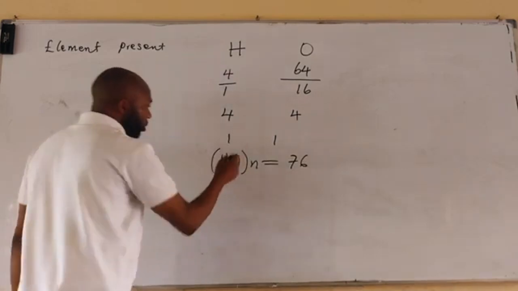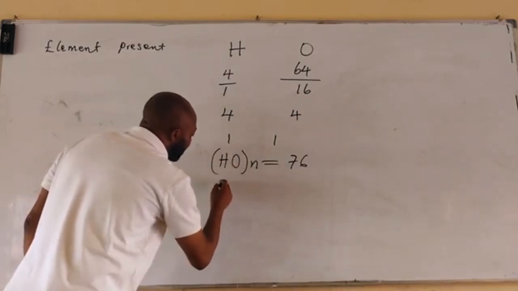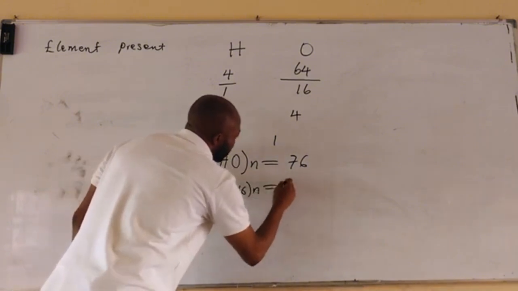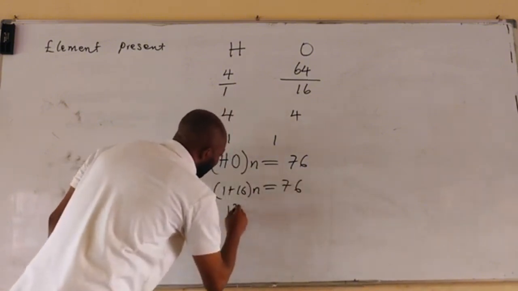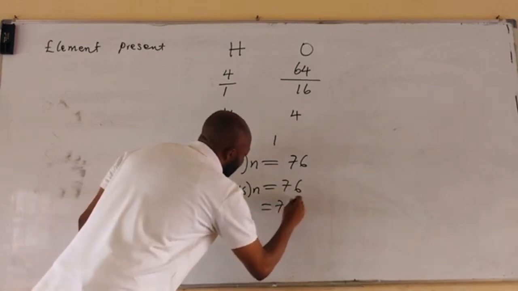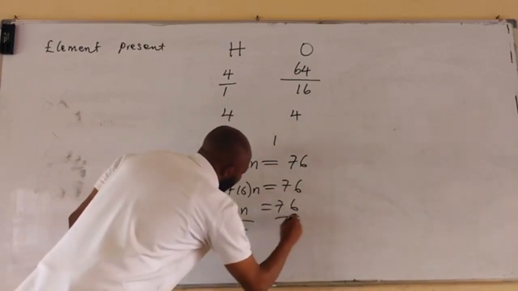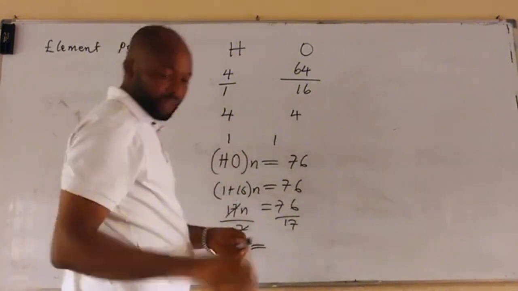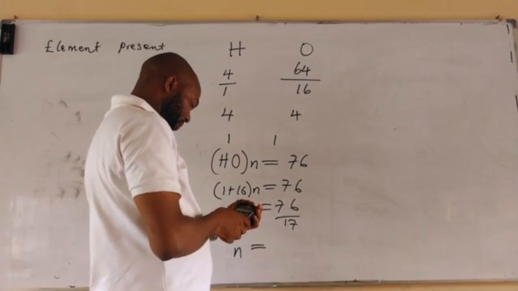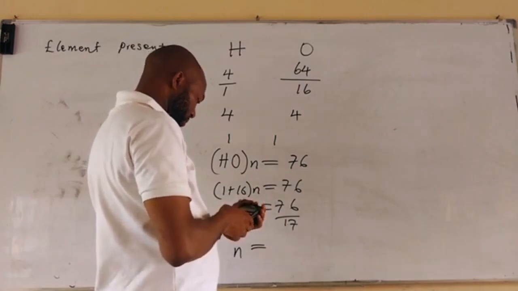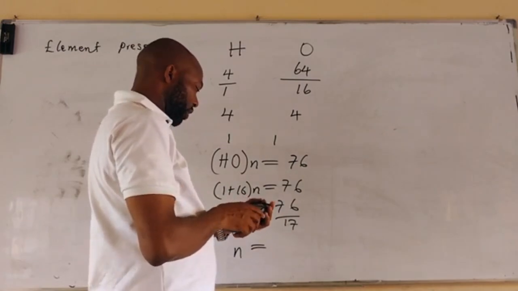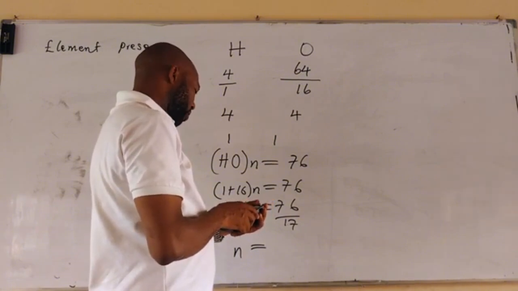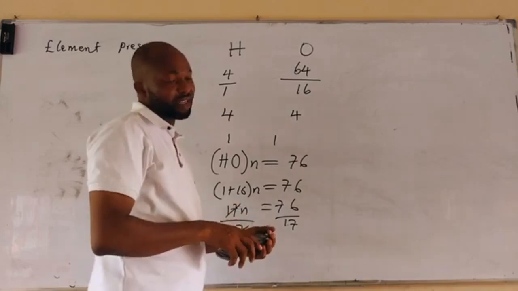So hydrogen here is 1 plus 16. n is equal to 76. This is 17n is equal to 76. Divide both sides by 17. n is equal to 76 divided by 17.